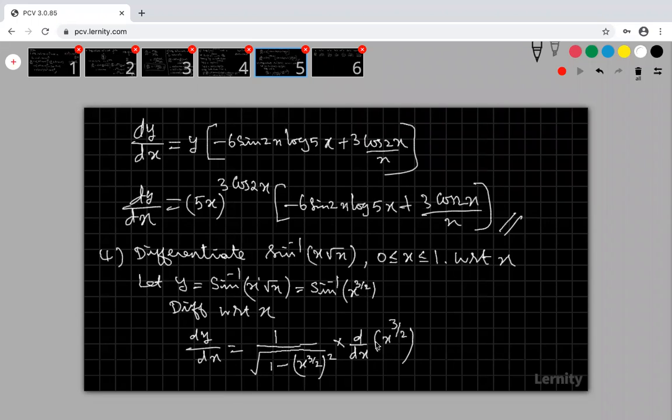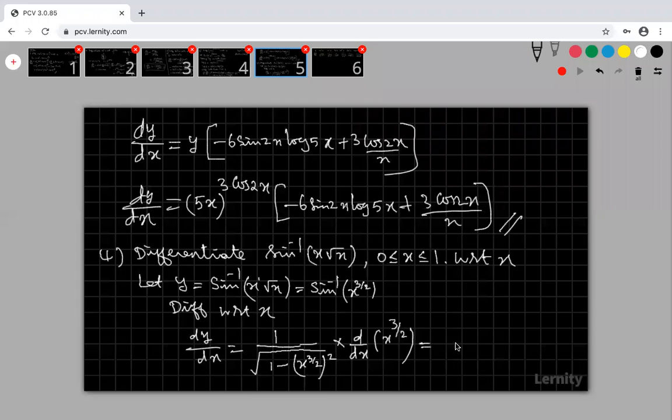Okay. Right. Now what happened here? My power 3 by 2 into 2, in multiplication, 3 by 2 into 2, the 2s cancel. I will get only x cube. And differentiate this by the x power n formula. What is my x power n formula? n into x power n minus 1. So therefore 3 by 2 into x power 3 by 2 minus 1. Apply that formula.